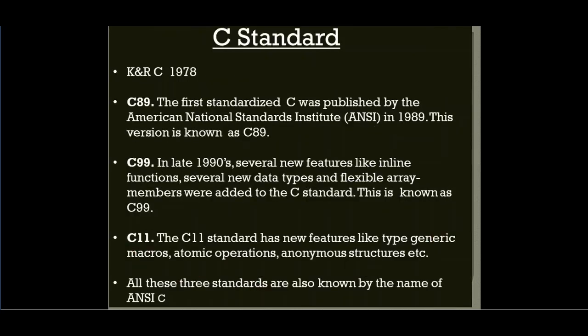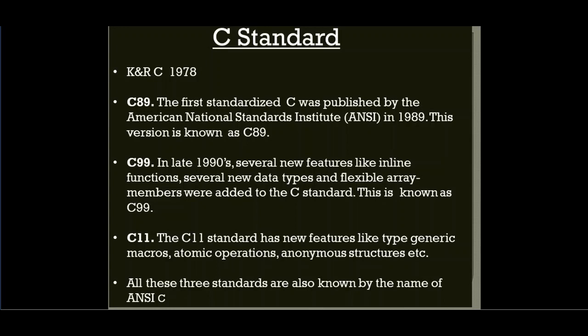The C standard. Well, K&R C, which stands for Kernighan and Ritchie, the first developers of C, was launched in 1978. So that was the first edition, and it was known as K&R C. Then C89.